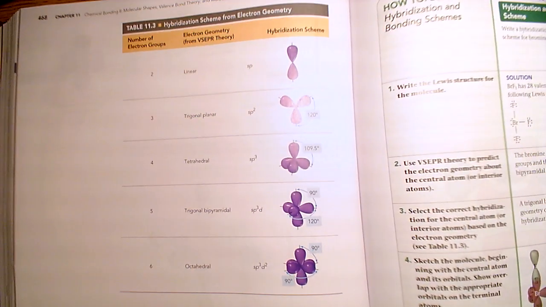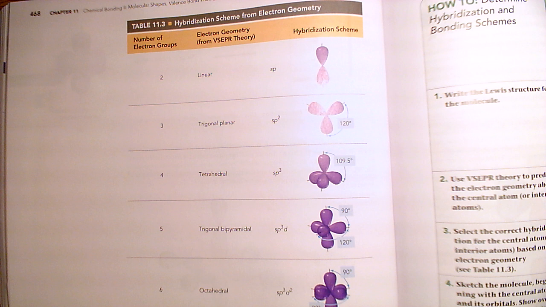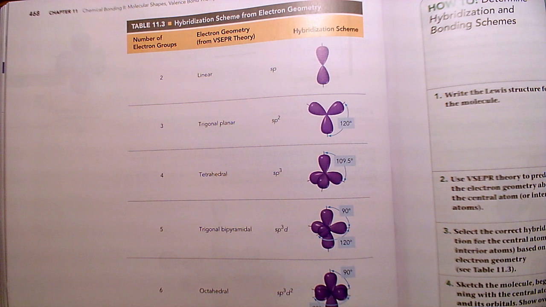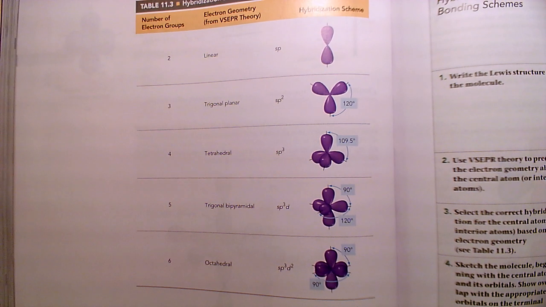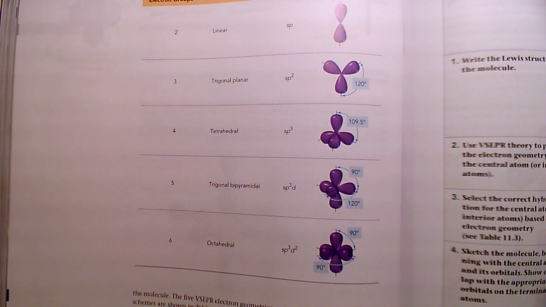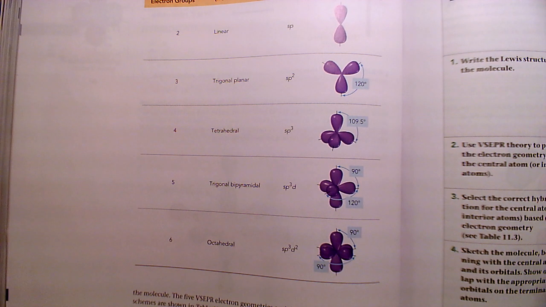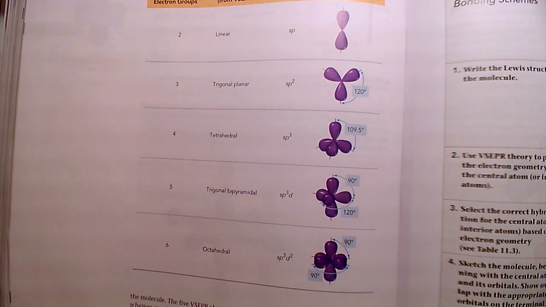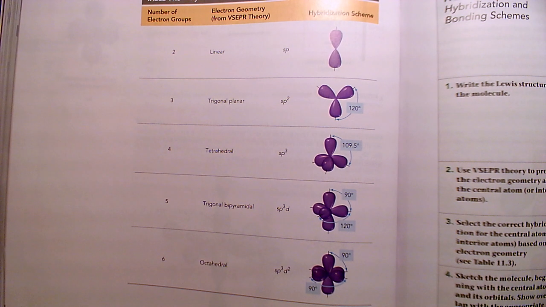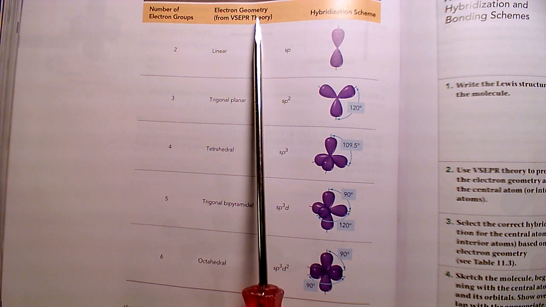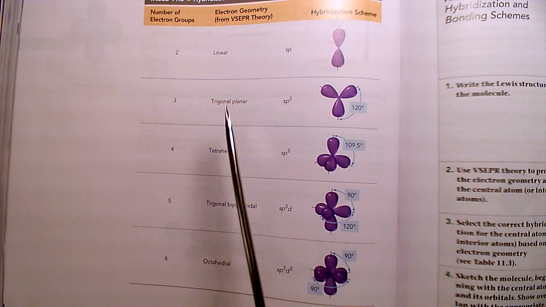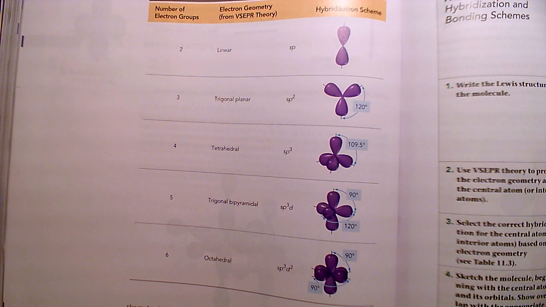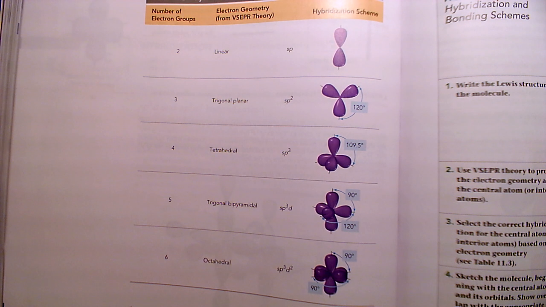So, a pretty nice table, table 11.3 in your book, goes through all of these hybridizations. As they indicate here, very important, the electronic geometry from VSEPR theory gives you the shape, and once you know the shape, then you know the hybridization.